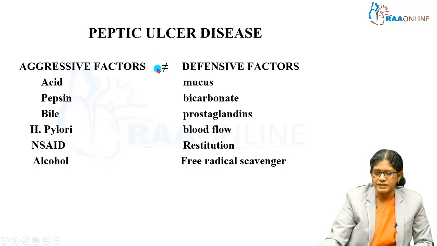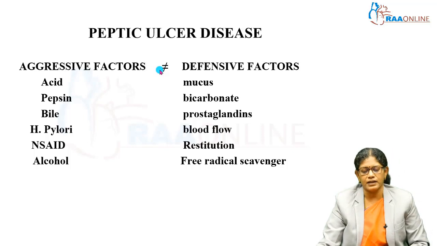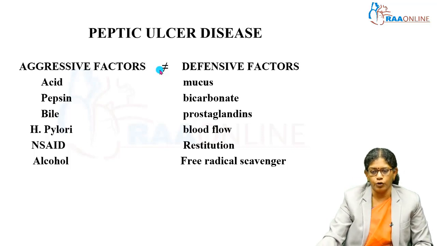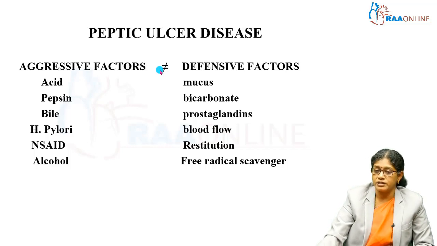If the imbalance occurs, it leads to a condition called peptic ulcer, otherwise called duodenal ulcer if it occurs in the duodenum. Commonly in peptic ulcer, a lesion of more than 0.5 mm is seen in the gastric mucosa, associated with severe gastritis, vomiting, and gastroesophageal reflux disease. That condition is named peptic ulcer.